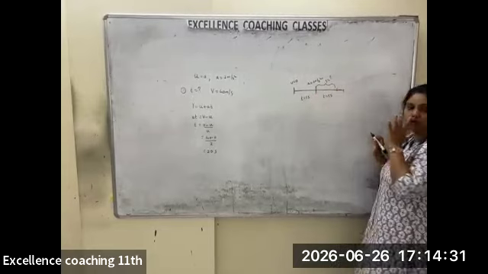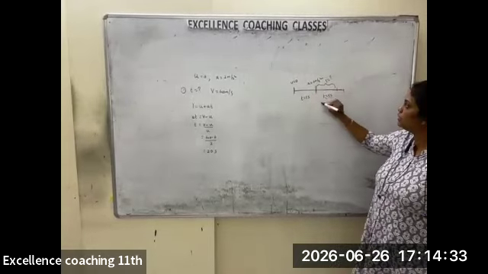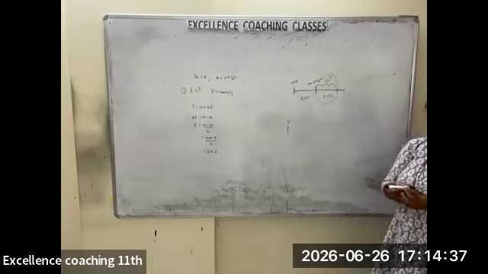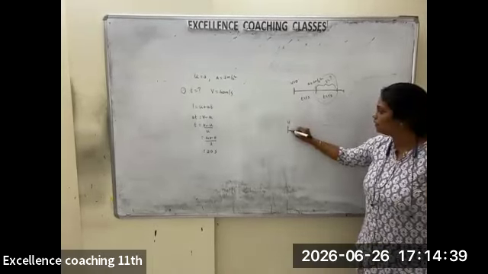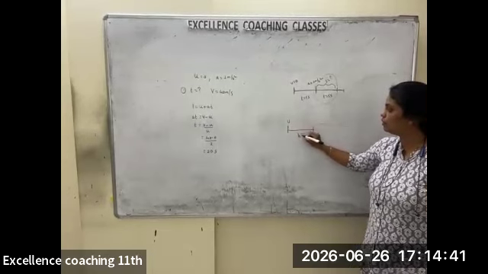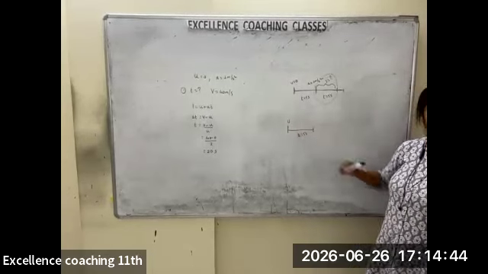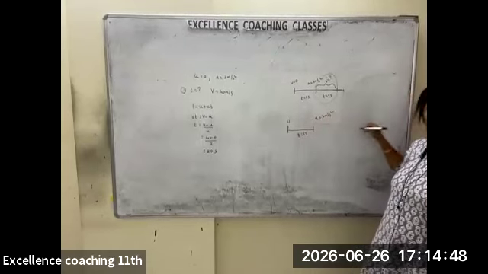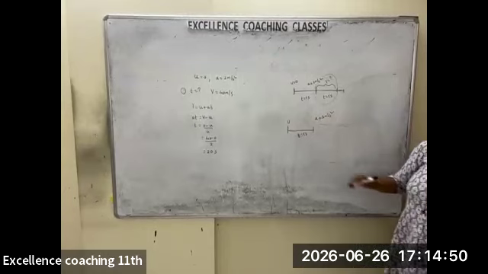Now suppose we need to find this out. What are the things you need? I'll repeat again. You started from here, and in 5 seconds, t equal to 5 seconds, you reached here. Throughout, the acceleration is 2 meter per second square.